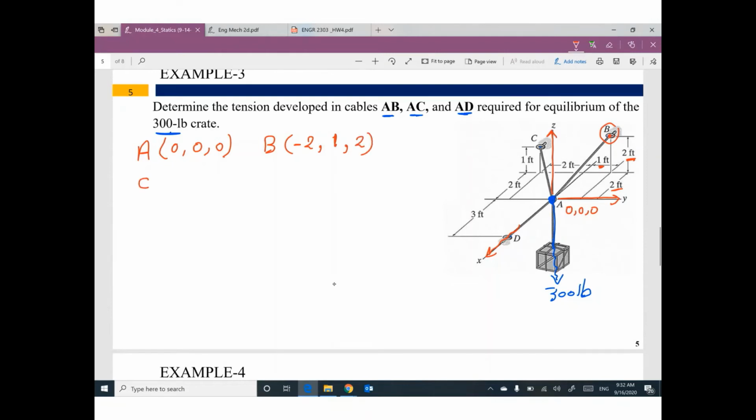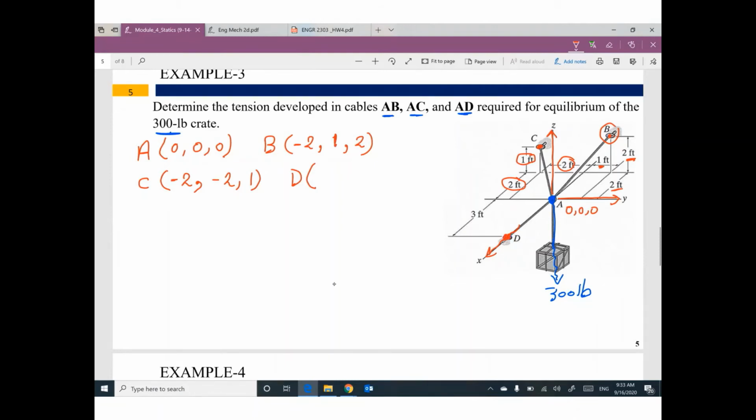Second point, point C. Where is point C? Here you go. I would like to move in x direction, how much? -2. In y direction, how much? -2. In z direction, how much? +1. Point D. Here is point D. In x direction, +3.